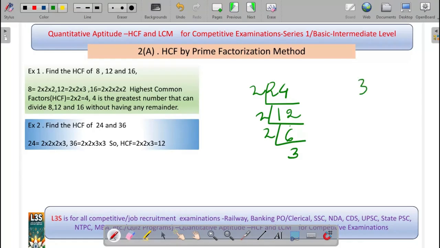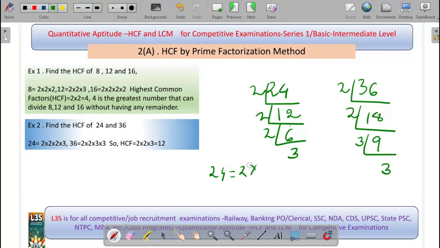Then another number is 36: 18, we have to simplify this way, 3 into 3. So 24 equals 2 into 2 into 2 into 3. Then 36 equals 2 into 2 into 3 into 3.